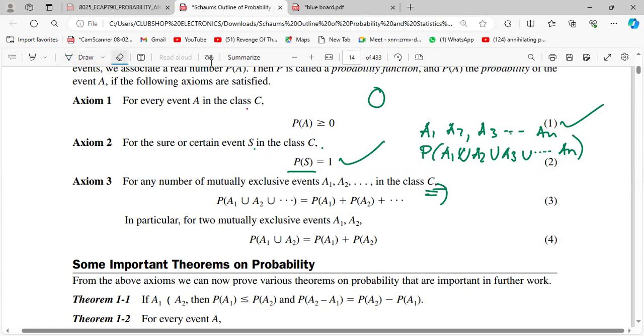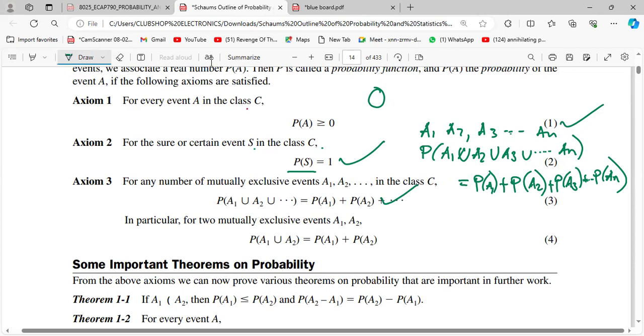It is just their sum. So when you talk about the union, just get their sum. So this is the same as saying probability of A1 plus probability of A2 plus probability of A3 plus probability of AN. That's what we are saying.